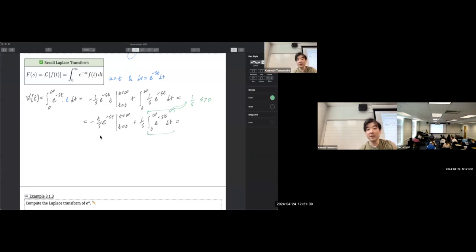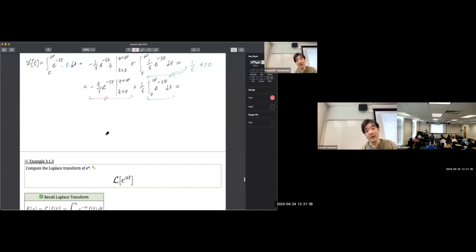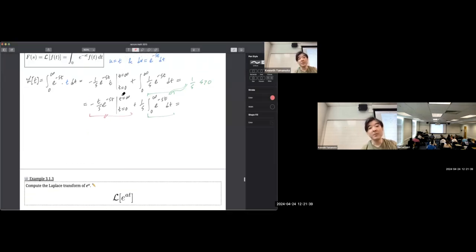If you're interested in computing this limit right here, let's write out what this is. This is like saying plug in infinity into this. So it'd be negative, I'll put the negative out and then say limit as t goes to infinity of t over s e to the positive st, after you put the e to the negative st on the bottom.